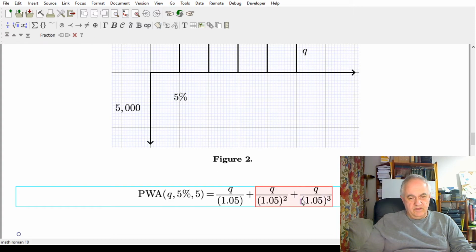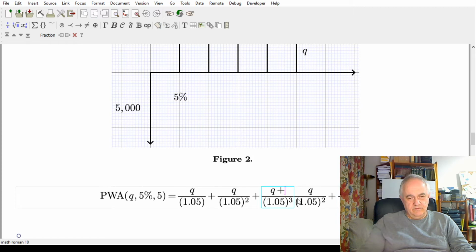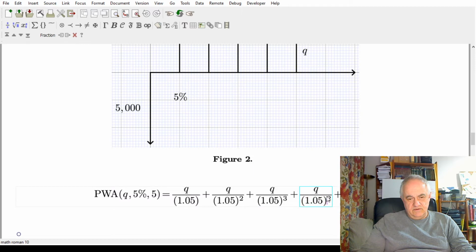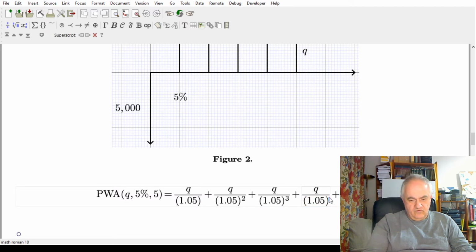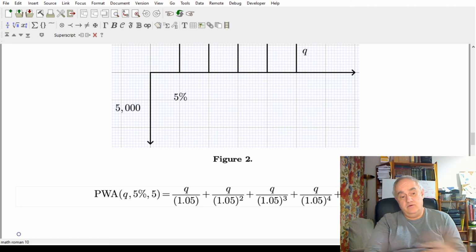And we will repeat this until the end, plus 4 plus 5. So just repeating this, and we can do it easily because Q is a constant value for all of them.